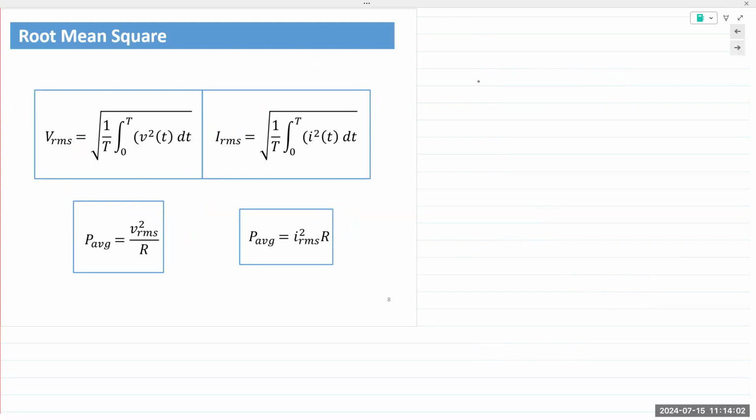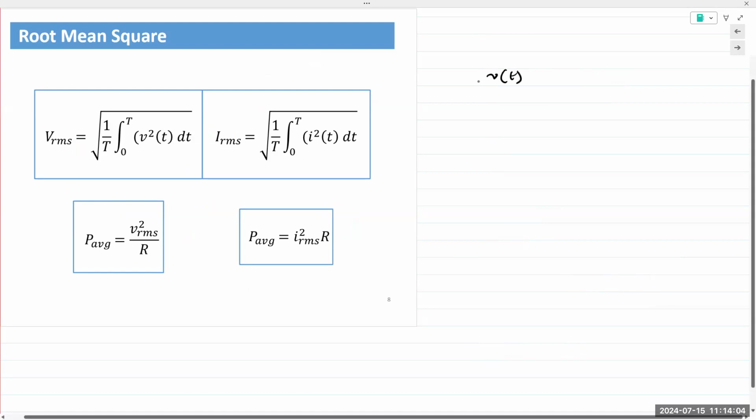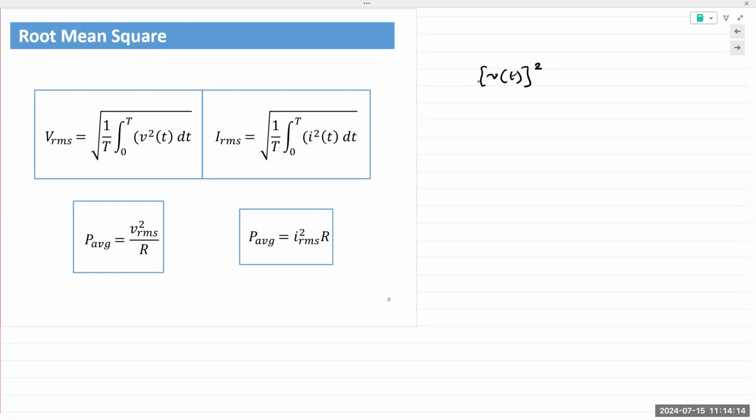You have the waveform that you describe mathematically, V of t or I of t for that matter. You take the square of the waveform, and then you want to take the mean. Mean is nothing but summing up everything and then dividing it by the time period.